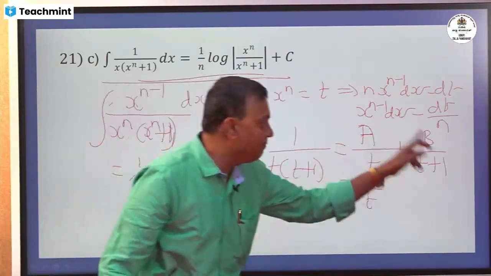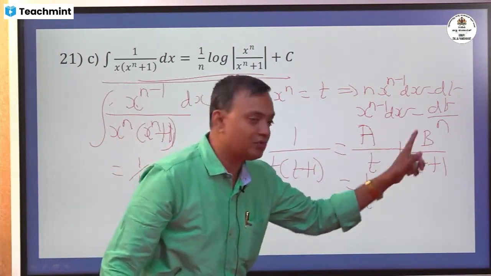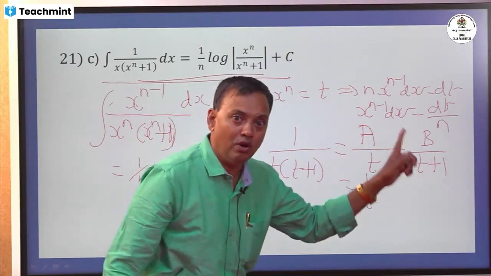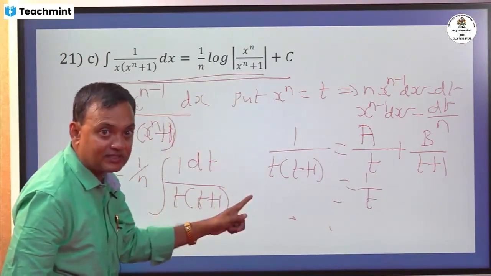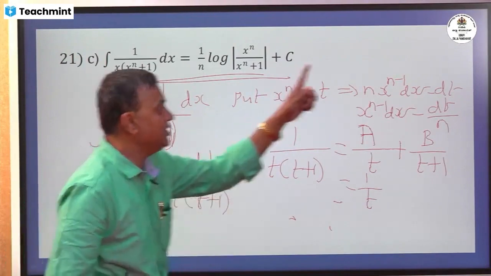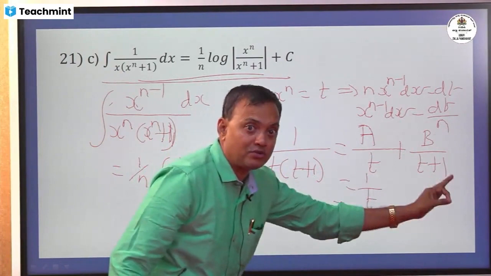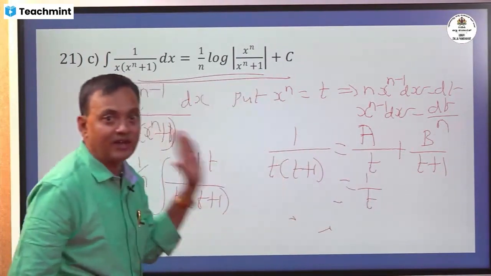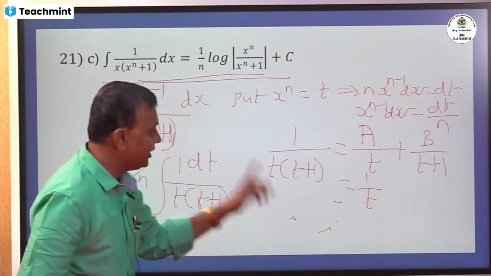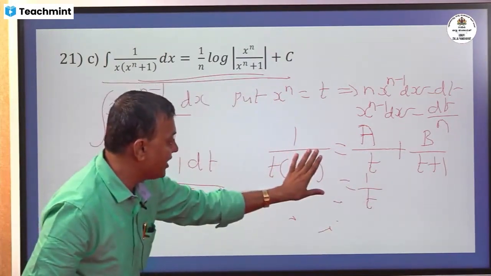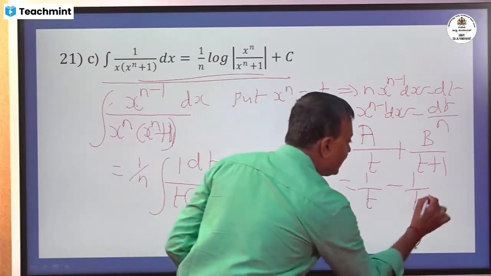To find b, equate its denominator factor to 0, t plus 1 equal to 0, t equal to minus 1, substituting in the left hand side except the factor which is b's denominator, what we have equated to 0. Here we have equated t plus 1, excluding t plus 1, putting t equal to minus 1, we get 1 by minus 1, so minus 1 by t plus 1.